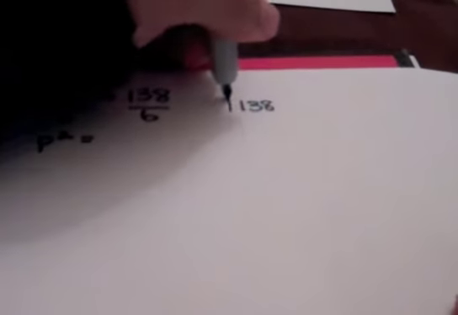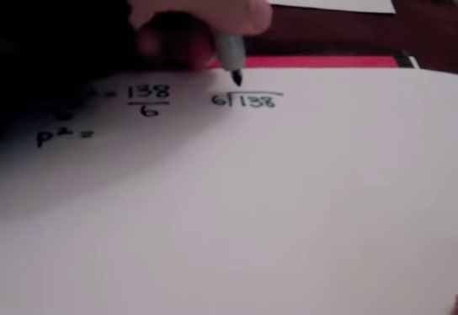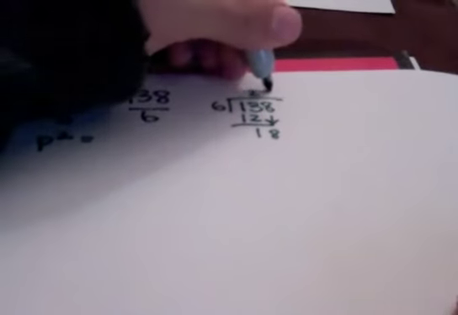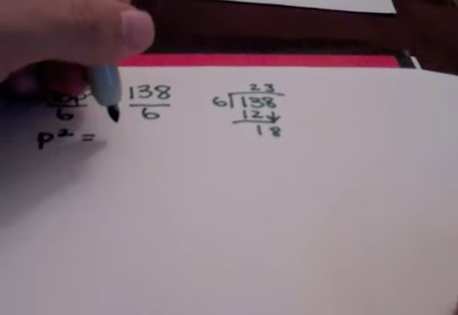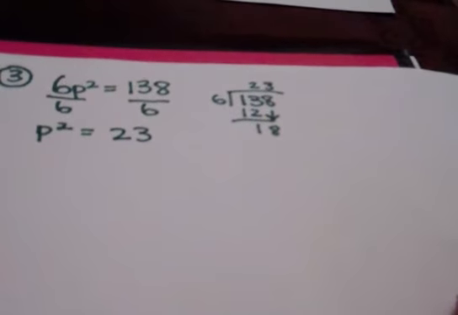Let's see, 138 divided by 6. 6 goes into 1, never. 6 goes into 13 twice, that's 12. Remainder 1, bring down our 8. 6 goes into 18 3 times. So p squared is going to be 23.